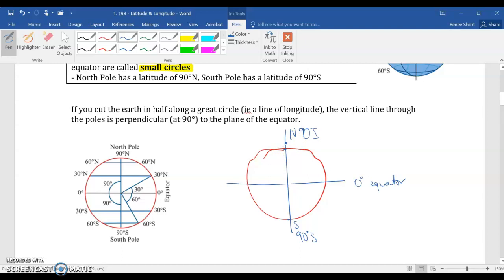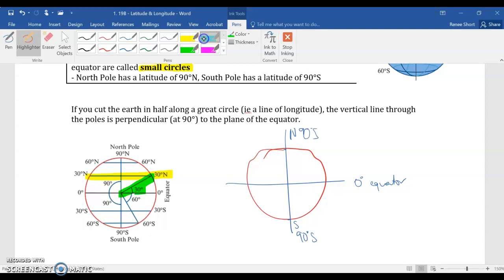Looking at this diagram on the left, this is our 30-degree line of latitude. What it means is if I take my radius from the center out to that 30-degree north line of latitude, the angle that gets created from the equator up to that line of latitude is 30 degrees.